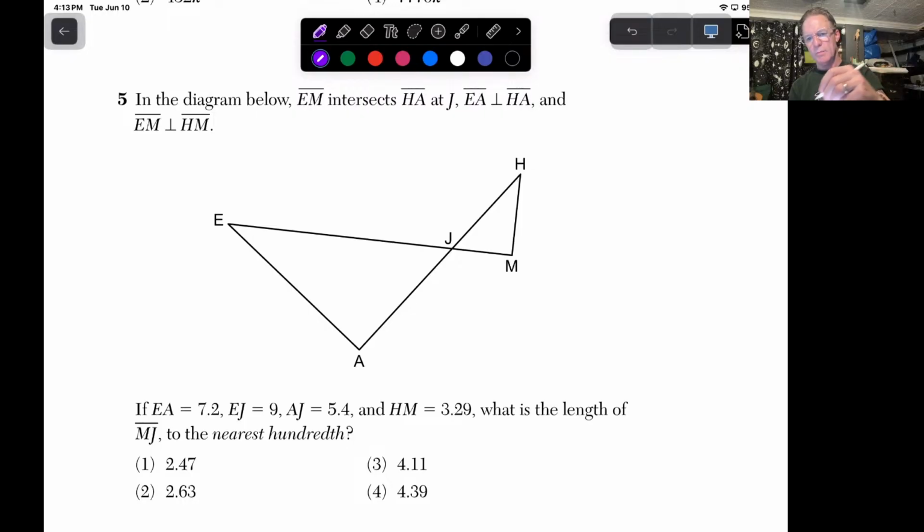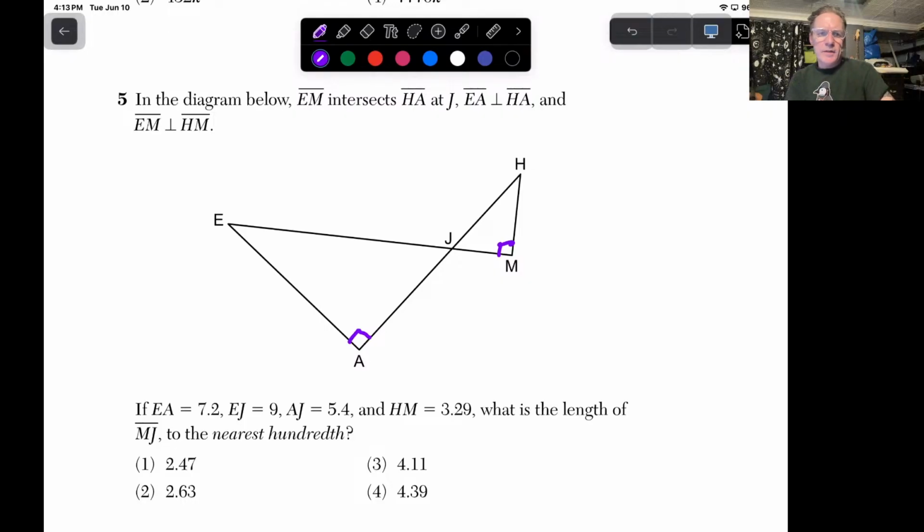EM intersects HA at J, so all that's telling you is that those line segments HA and JM are actually straight lines. That's the reason they gave you that statement. And EA is perpendicular to HA, so that means this is a right angle. And that means this is a right angle because EM is perpendicular to HM.